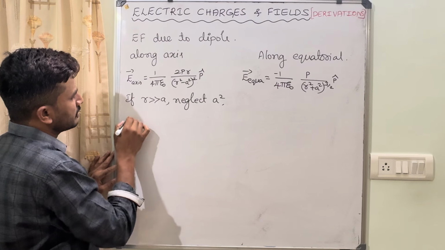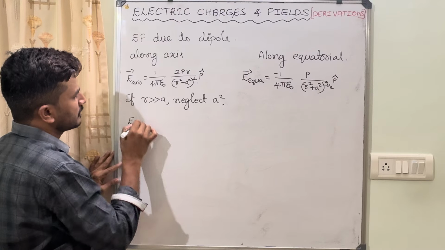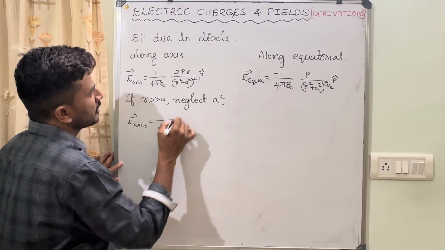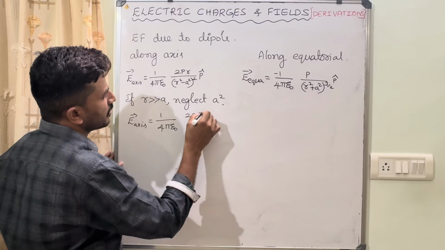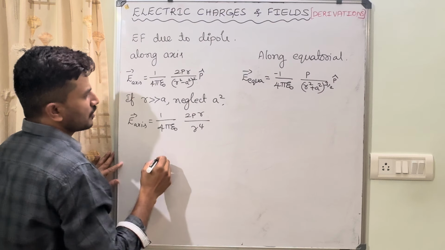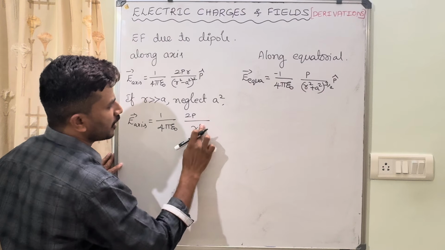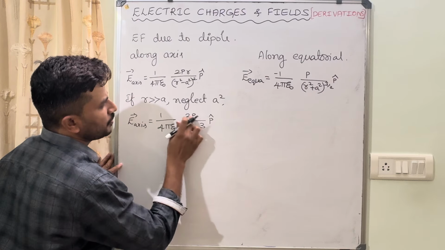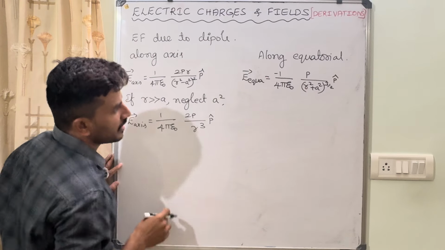So if you write that E axis is equal to 1 over 4 pi epsilon naught 2pr divided by r square whole square, which is r power 4. If you solve this, you will get r power 3 directly, into p cap. So p cap into p can be written as p vector also.